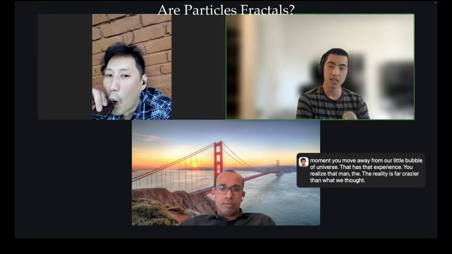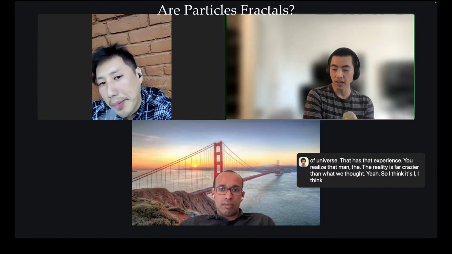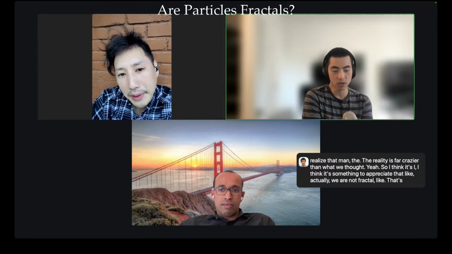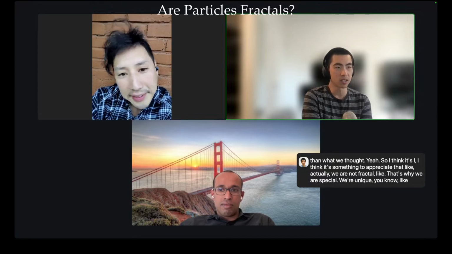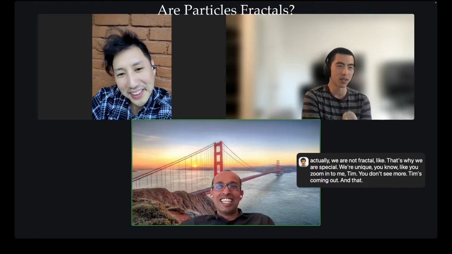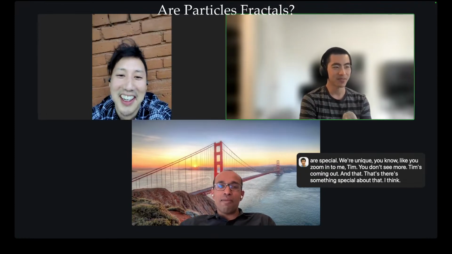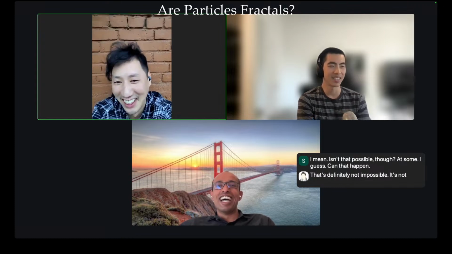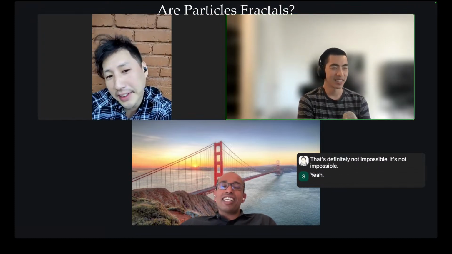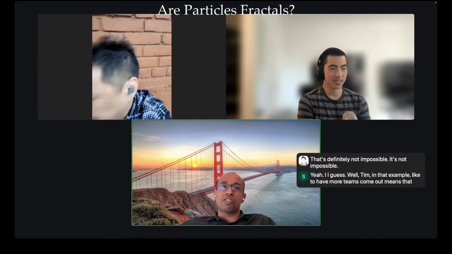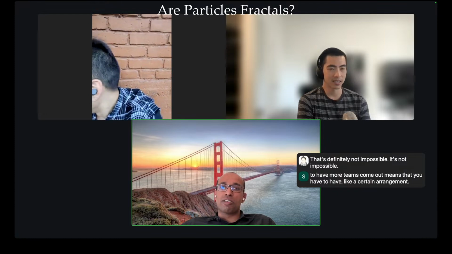I think it's something to appreciate that actually we are not fractal-like. That's why we are special. We're unique. You zoom in on me, Tim, you don't see more Tims coming out. There's something special about that. I mean, isn't that possible though? Definitely not impossible. Well, Tim, to have more Tims come out means you have to have a certain arrangement of particles come out of you.